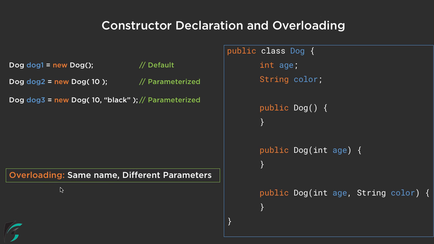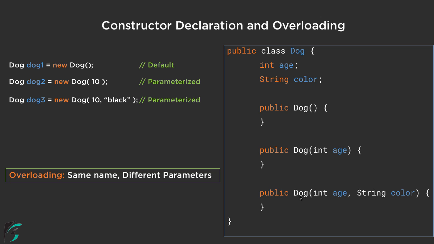The concept of method overloading we have already discussed in our previous videos when we talked about what are methods in Java. Now this time we have the concept of constructor overloading. In constructor overloading, we again follow the same principle, that is the same name but different parameters, right? So here we have Dog, Dog and Dog, and all these three constructors have the same name.